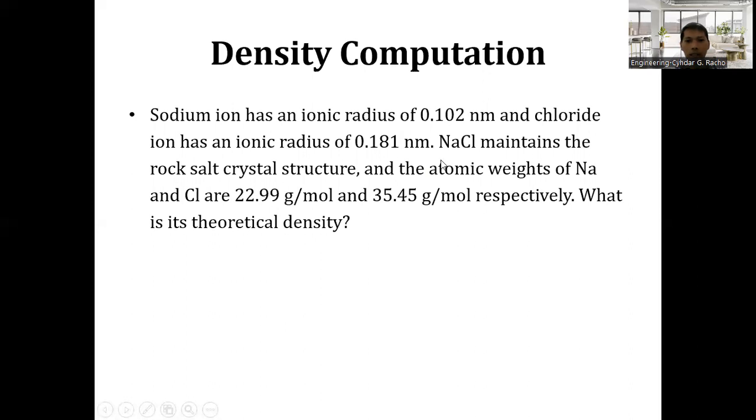NaCl maintains the rock salt crystal structure, and the atomic weights of Na and chlorine are 22.99 grams per mole and 35.45 grams per mole, respectively. You are tasked to compute the theoretical density.